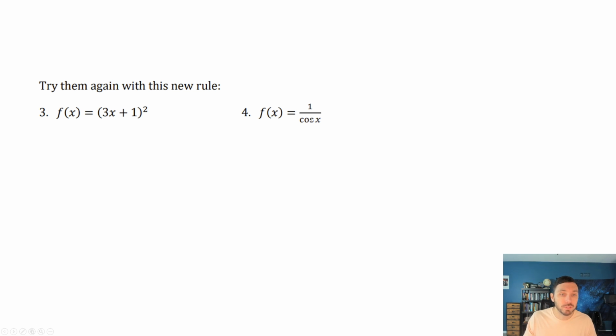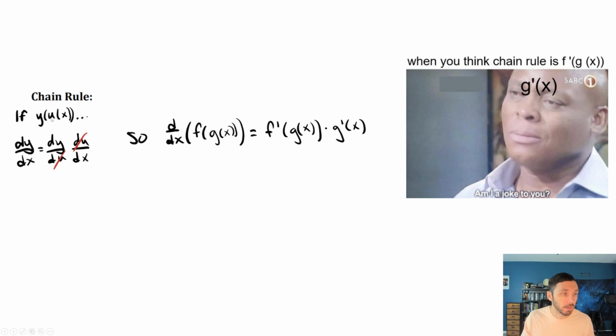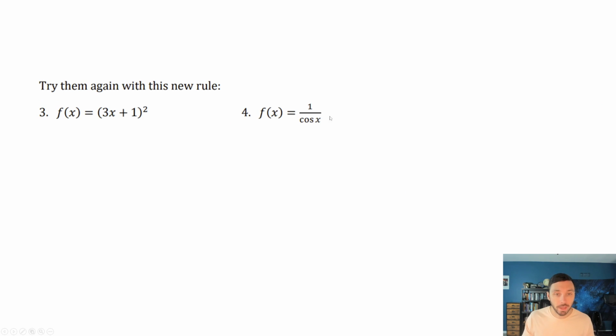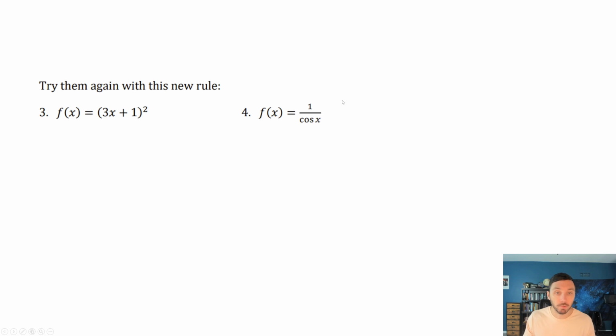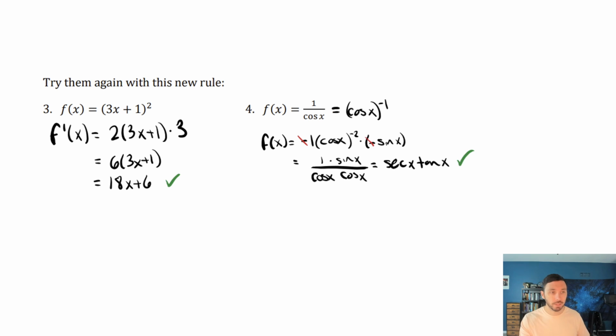But the innermost function would be the cosine, and the outermost function would be like the 1 over x, 1 over whatever your function is. So it's 1 over, our u of x here, or our g of x here would be that cosine. And then the y, or the f, would be the 1 over.